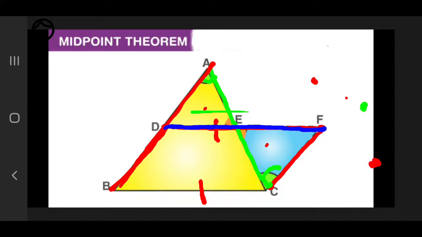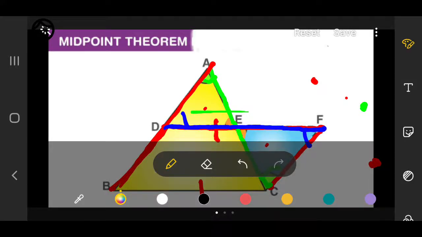So what can you tell? These two angles are alternate interior angles, and alternate interior angles are equal. Yes, then here we prove that these two triangles are congruent.